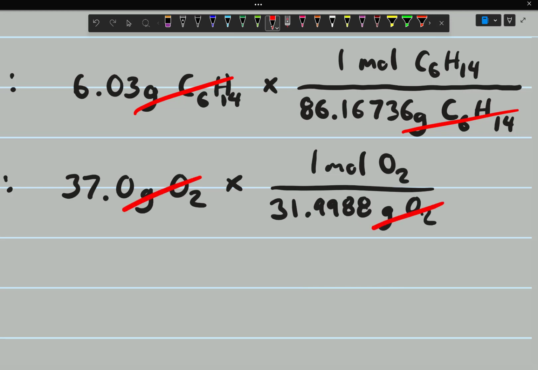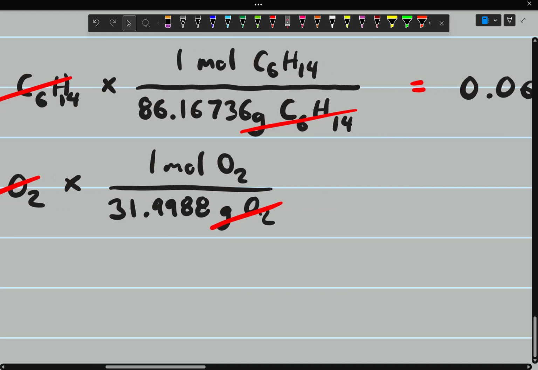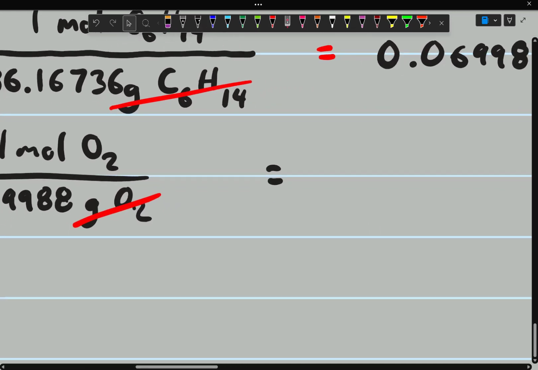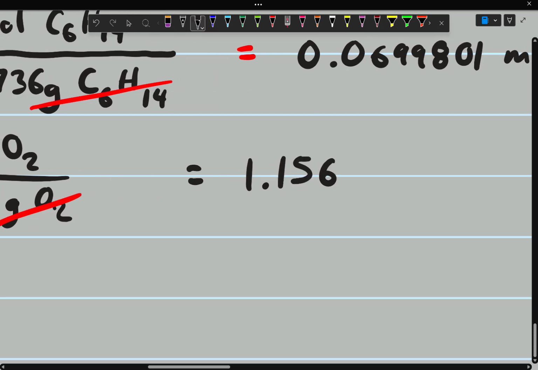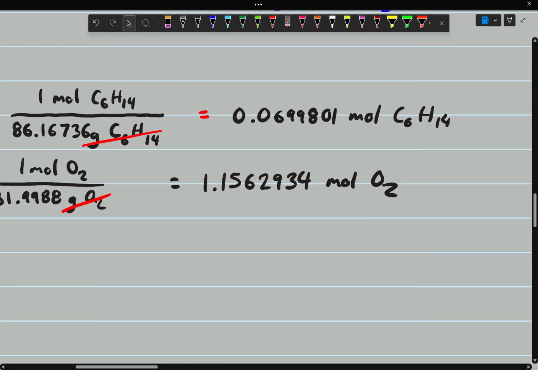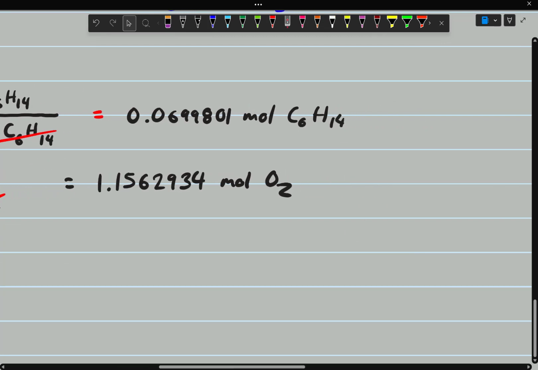Grams of oxygen cancel, and we are left with just moles. So plug that into your calculator and you get 1.156294 moles of O2. So these are our initial values for the number of moles of each reactant.